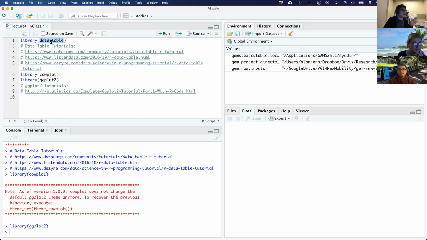So using this package, for example, I can open a file that is several gigabytes, which with default R programming could take on the order of tens of minutes to load, whereas with data table it'll load in just a couple of seconds.